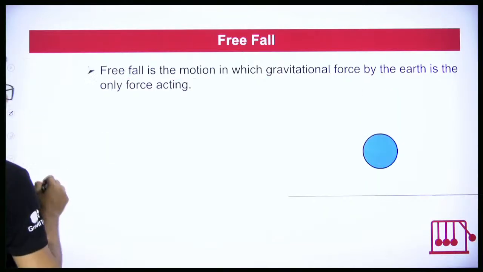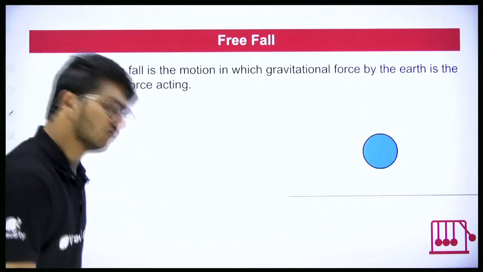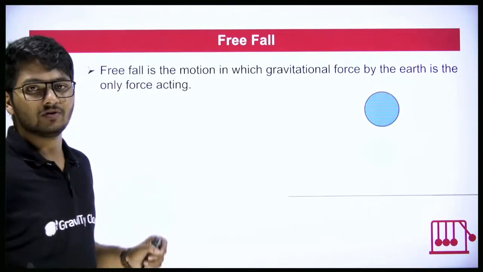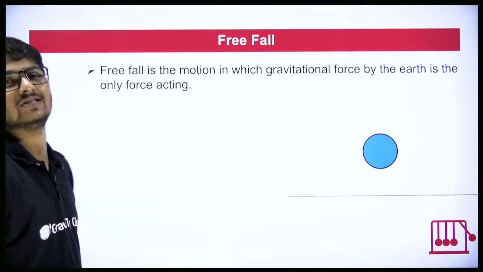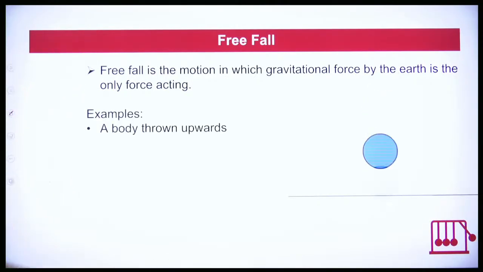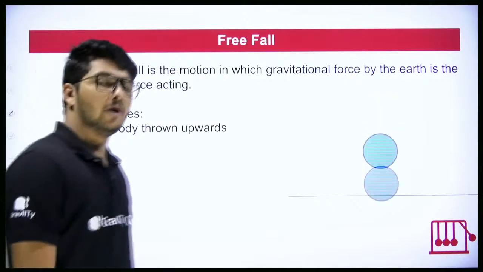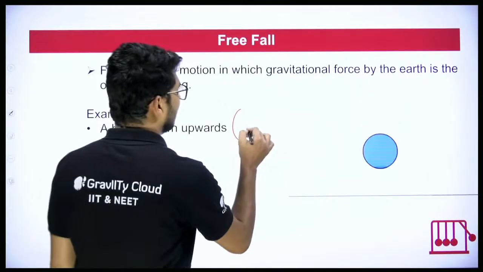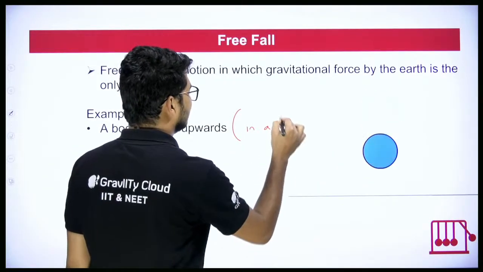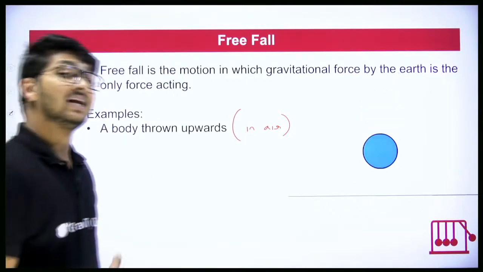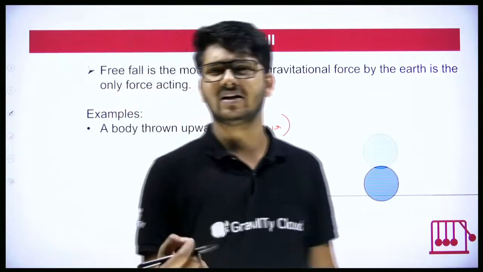There is only one point, in fact, that there is only one force, and that force is gravitational force by the earth. All the other forces are neglected or do not exist. But practically they are neglected. So when you throw a body upwards, while it is in air, not in our hands, not touching anything else, then for most of the part we can neglect air resistance because it will be very less.